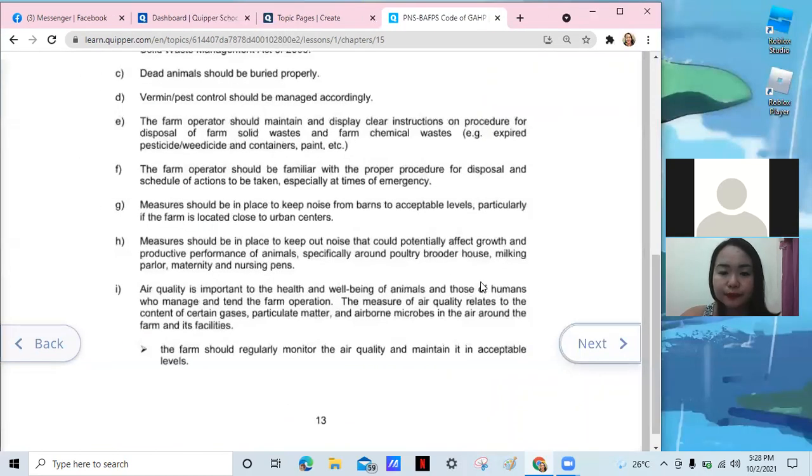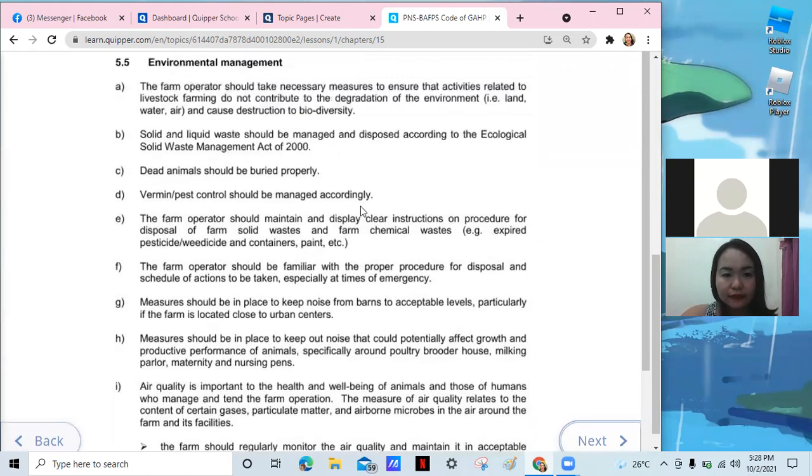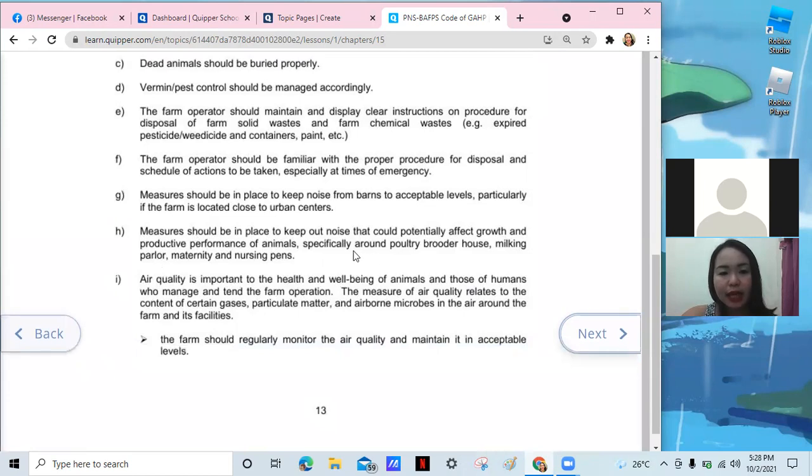As I have just said, I'm on the environmental management and I was just talking about yung mga solid waste management na it should be disposed properly. And the farm operator should be familiar ng mga proper procedure for disposal and schedule of actions to be taken, especially in times of emergency.